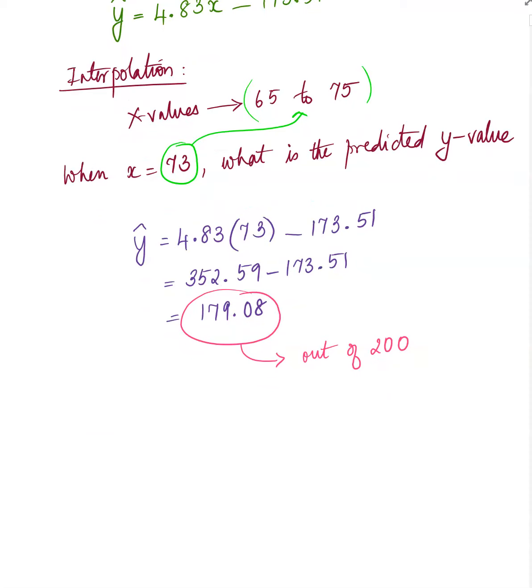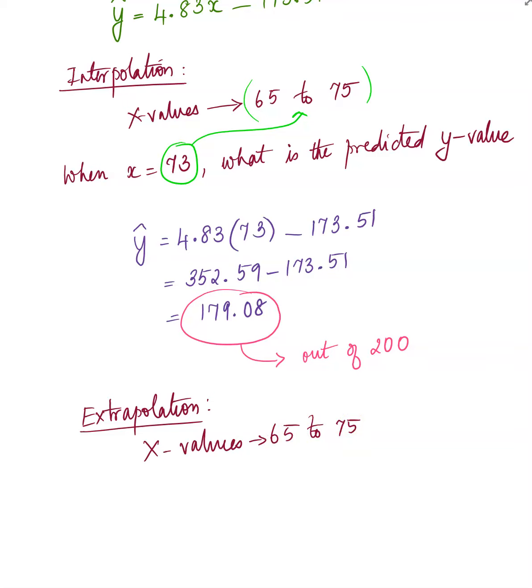What about extrapolation? Extrapolation is when you choose values outside the x values. Let's write that out here. Once again, the x values are still between 65 and 75, but when we choose an x value that is different, let's say when x is 77, we didn't go too much outside the scope, but we did go outside, so at that point we have made it less reliable.